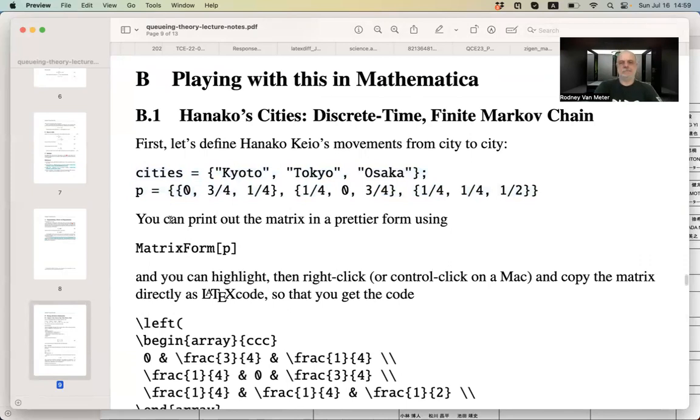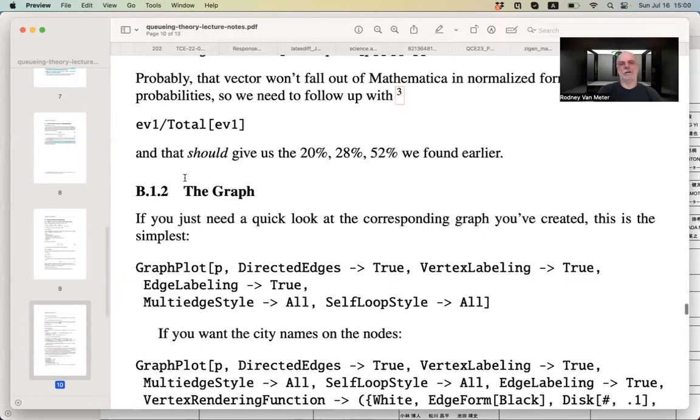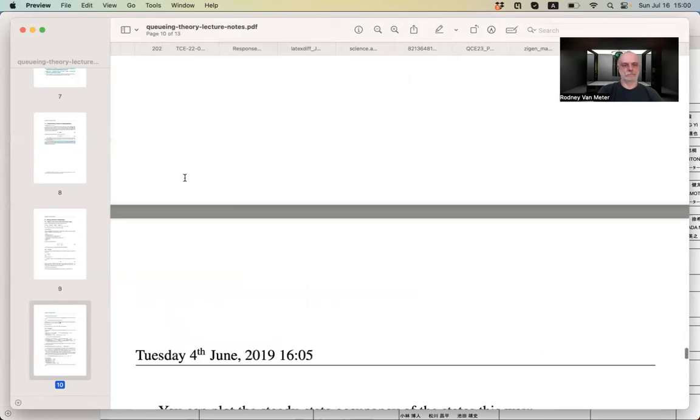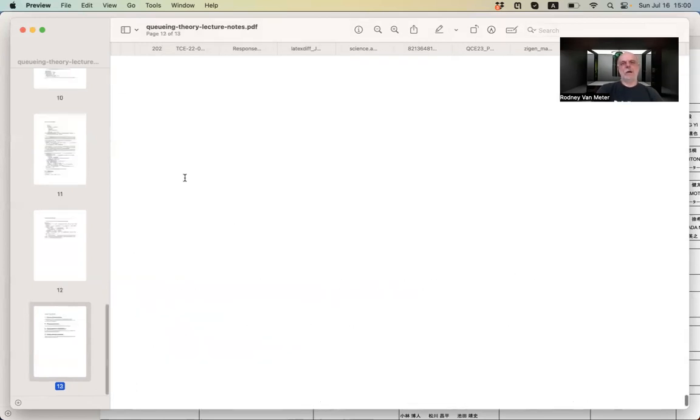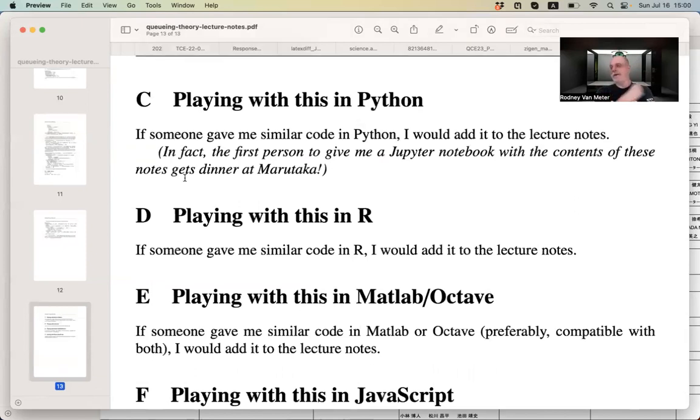Hopefully you can play with this using the code that's in the appendix in the set of notes. All right, that's everything about queuing theory that I have time to cover, really.